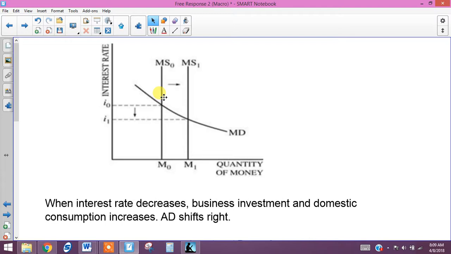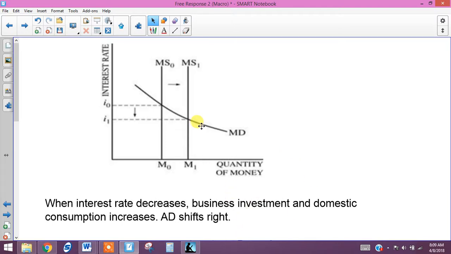And when the Fed purchases government bonds, the money supply, which is a vertical curve, is going to shift to the right. So you want to show the shift to the right, and you can call this M0, M1, or M1, M2. You just want to make sure you show the shift, and it's helpful to put in the arrow so it's very clear the direction that things are moving.